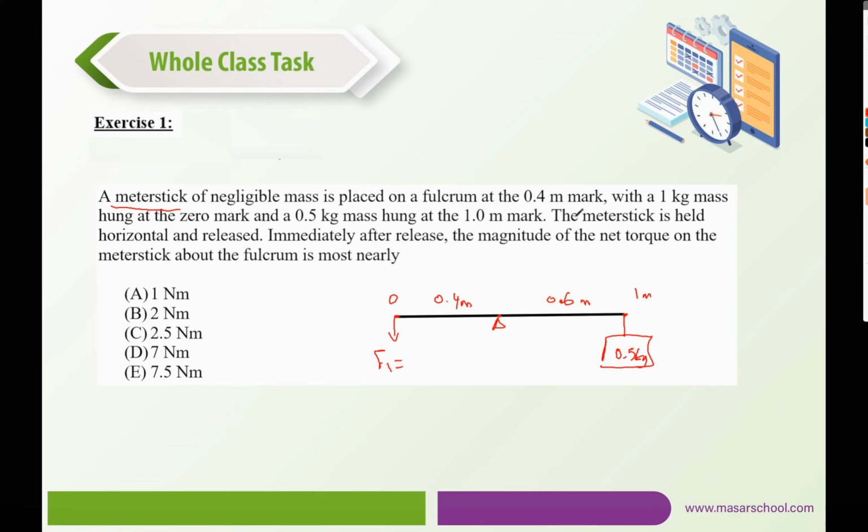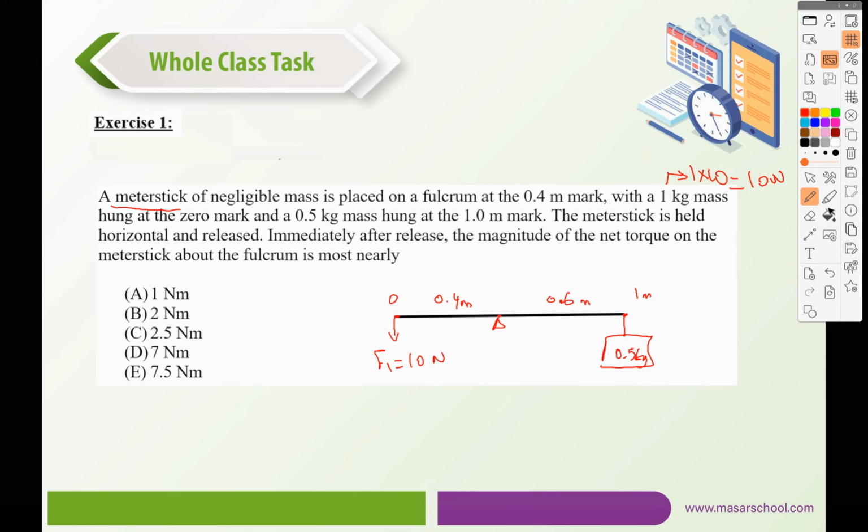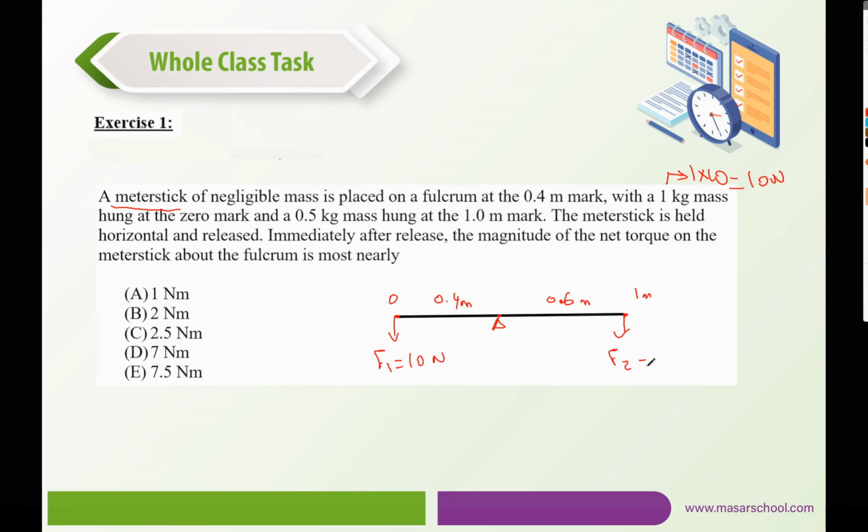If the mass is 1 kg, then 1 multiplied by 10 is 10 newtons, a downward force of 10 newtons. And here similarly, we have a downward force F2, which is 0.5 times 10, which is 5 newtons.